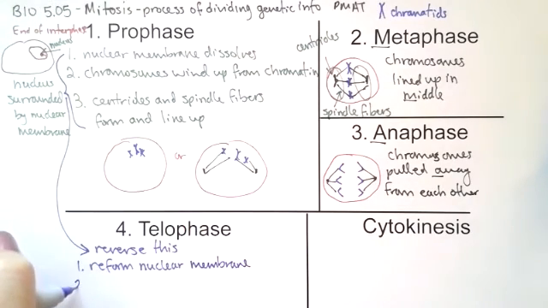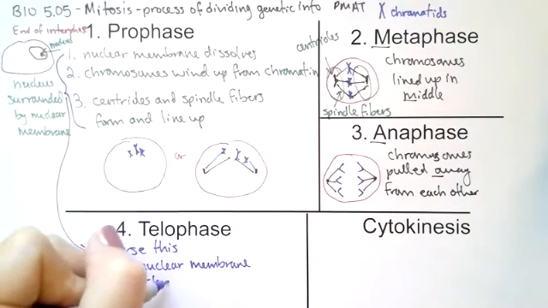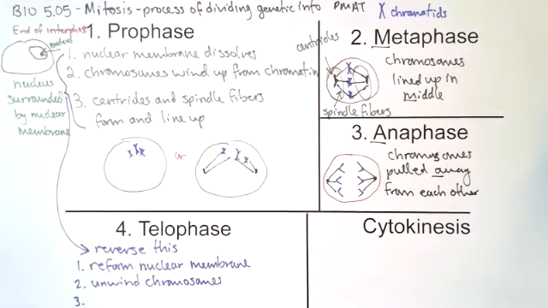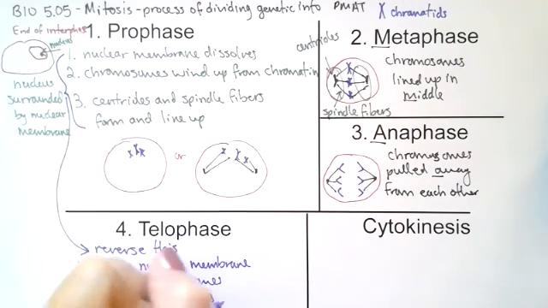We have to unwind the chromosomes. And we have to dismantle or take apart the centrioles and the spindle fibers.